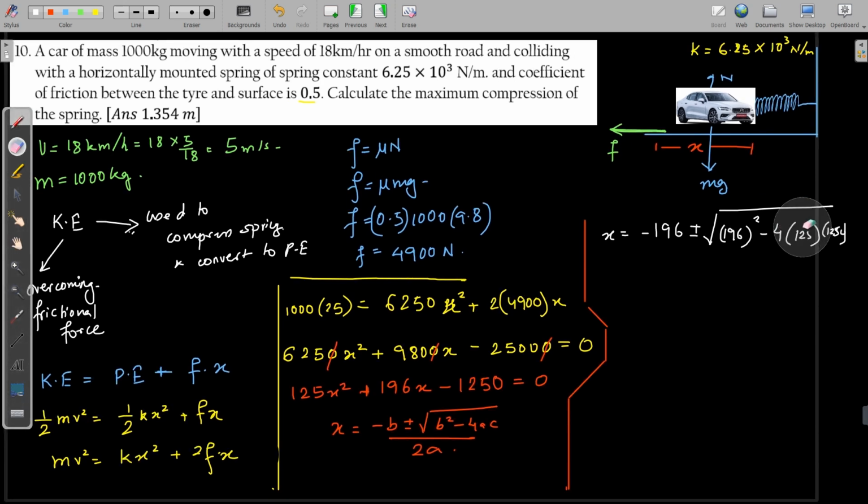Now here there is a minus, so this will become plus, divided by twice a. Again a is 125. So if we go for this, we are getting a huge value.